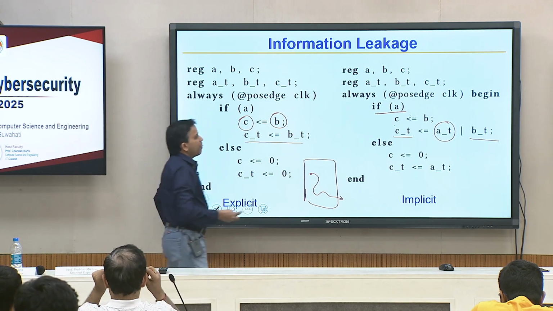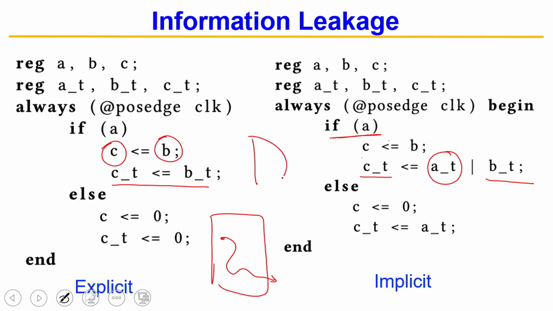Let me illustrate. If you have an AND gate, information flow says for any function, if the input has taint, the output will have taint.